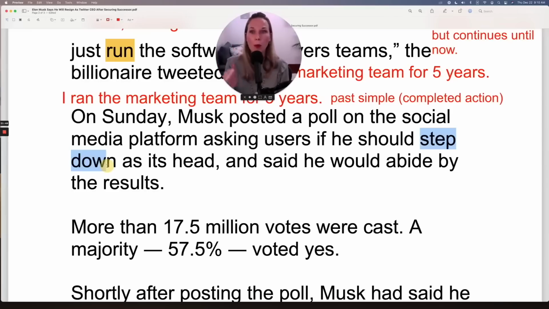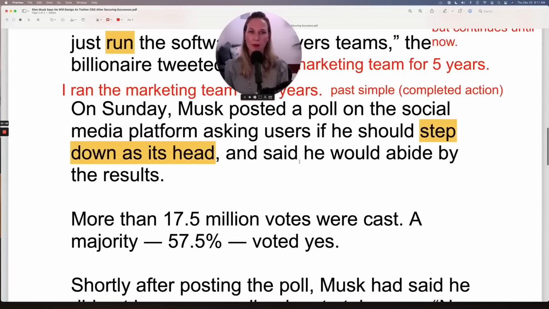Resign is more formal. And as its head. So head of means the leader. We use the word head to mean the leader, the boss, the CEO, the head. Its is Twitter. They're talking about the company Twitter.